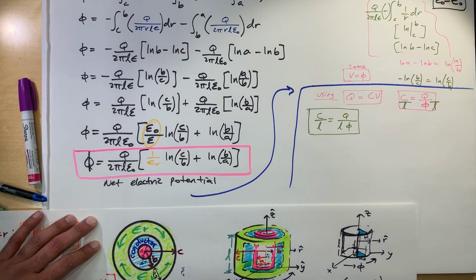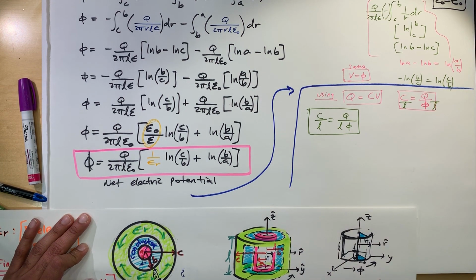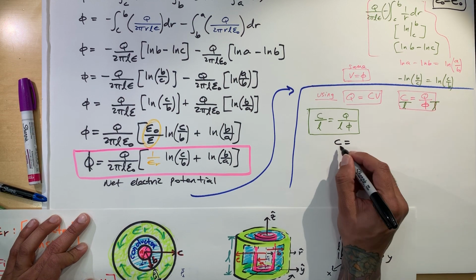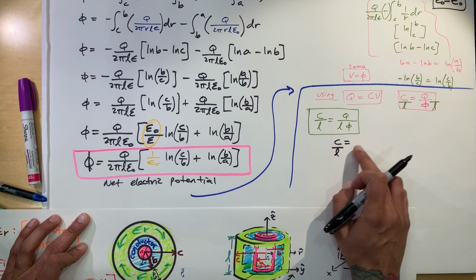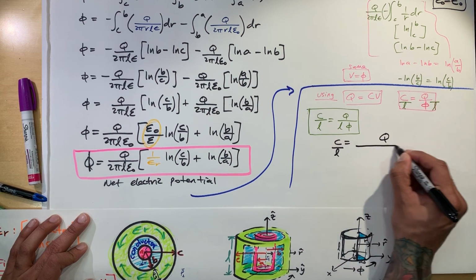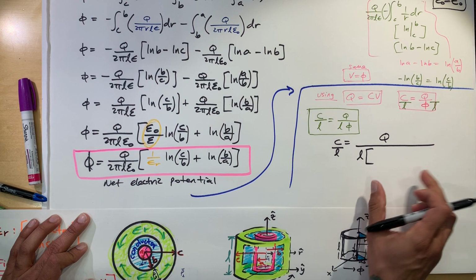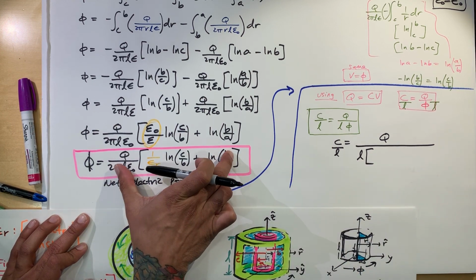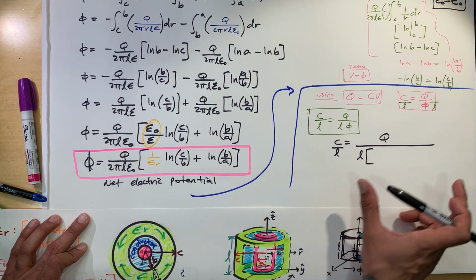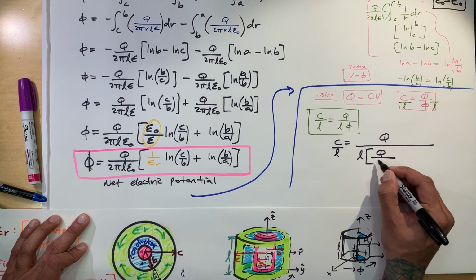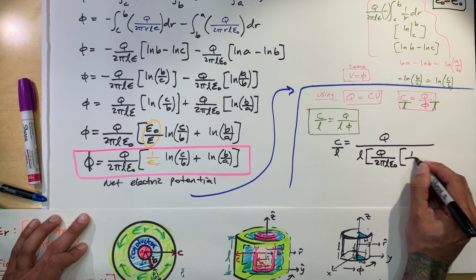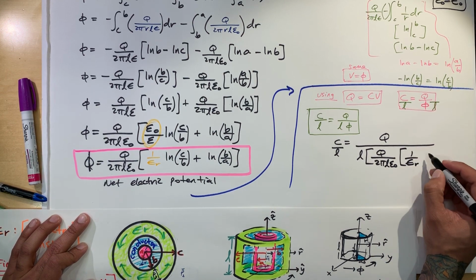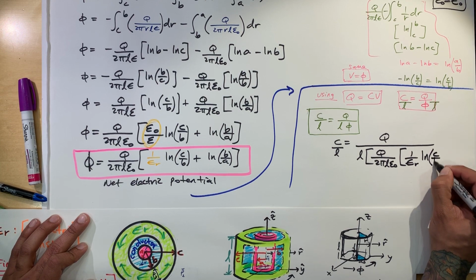All right, so let's put all the values we have. So we got C over L, this is an L, by the way. Q, let's leave Q on top, right? L here, and I'm gonna write this whole thing inside of here. So we got Q over 2 pi L epsilon naught, 1 over epsilon r, and c over b.